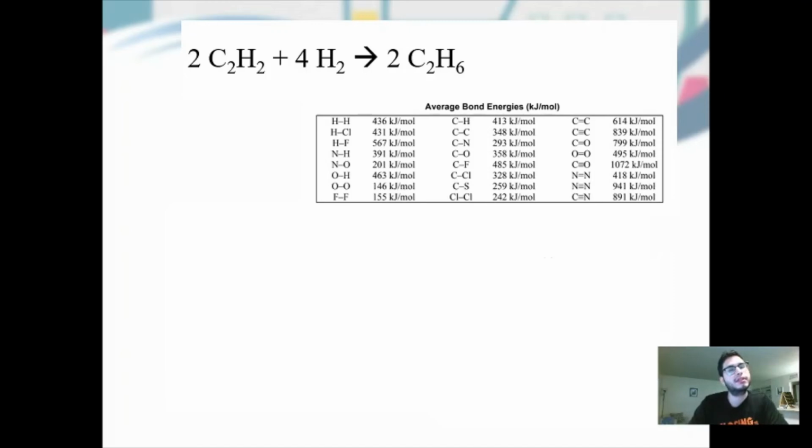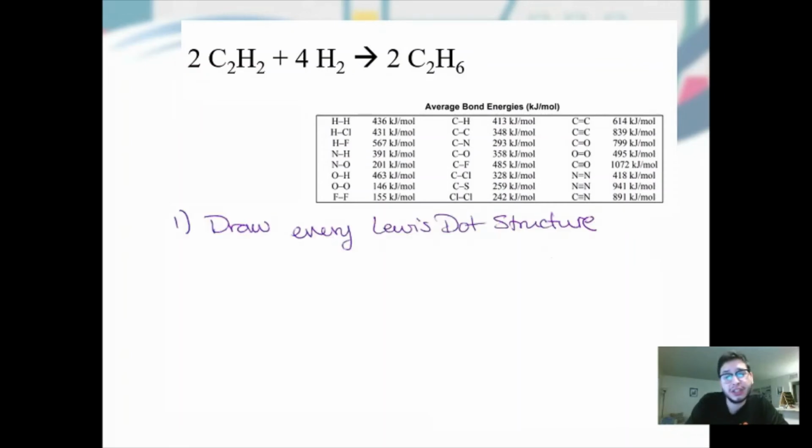Alright, so I have this reaction, and I have 2 moles of C2H2 plus 4 moles of H2, and that's going to give me 2 moles of C2H6. My first step is to determine the Lewis dot structures, and again, please don't panic. When I'm going to assess you on bond energies for this unit, I'm already giving you the Lewis dot structures.